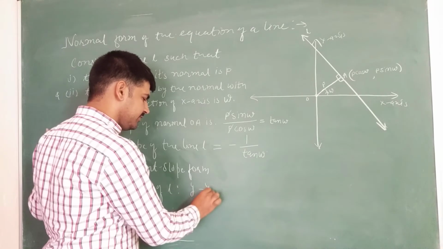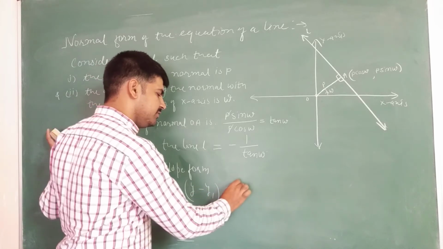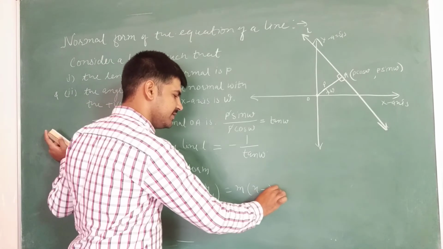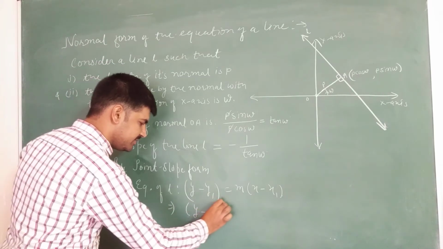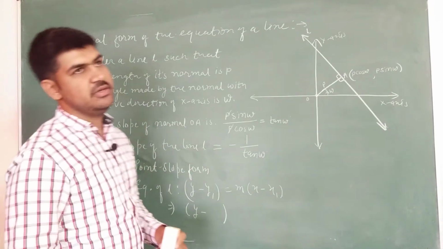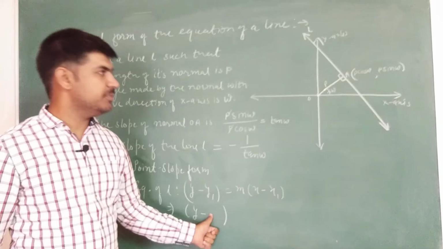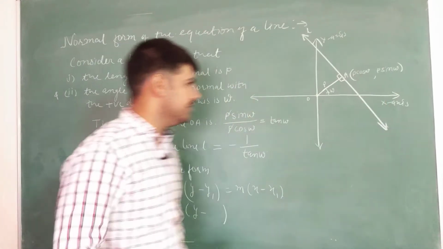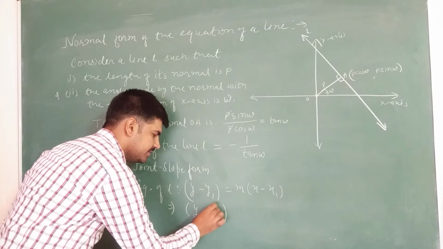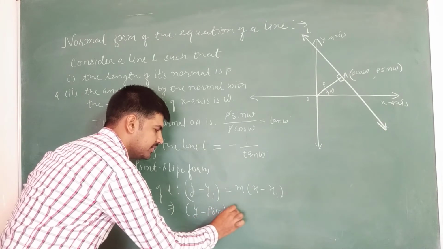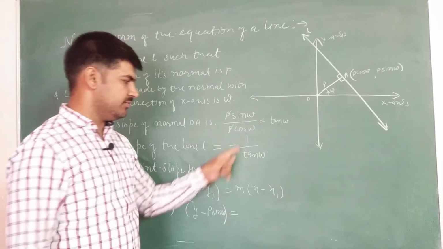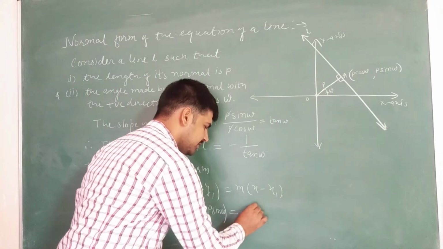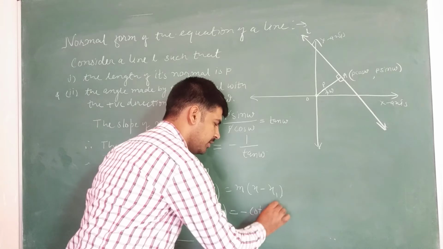Y minus y1 is equal to m times x minus x1, implies that y minus y1, the y coordinate of the point that is lying on the line, p sin omega, is equal to m, the slope of the line, that is minus cot omega. Minus 1 upon tan omega means minus cot omega.